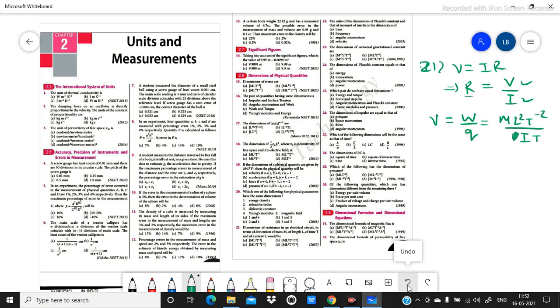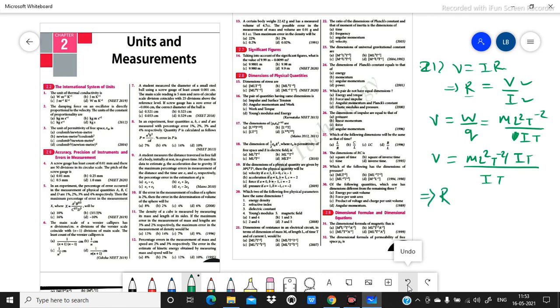Then I will get the dimension of V as M L2 T to the power minus 2 divided by IT, and divided by Q, which is again IT. So IT is getting cancelled out. So finally I'm getting the answer.